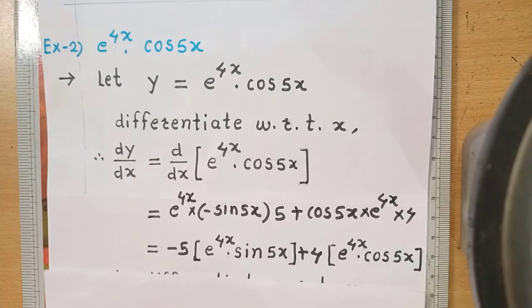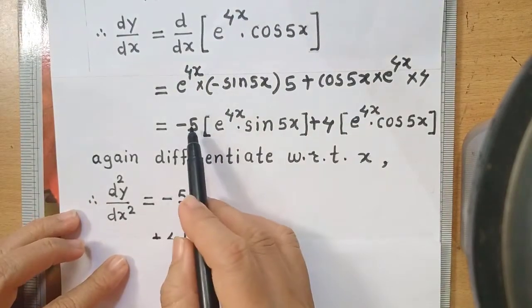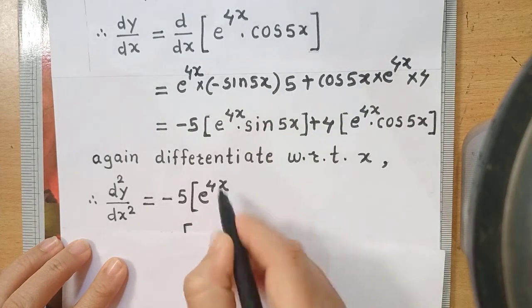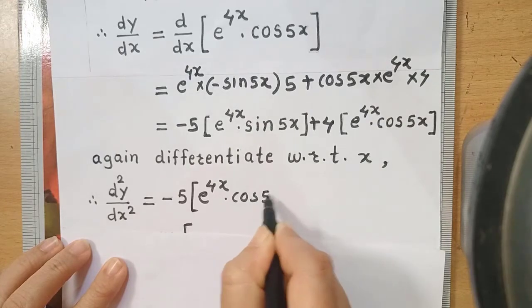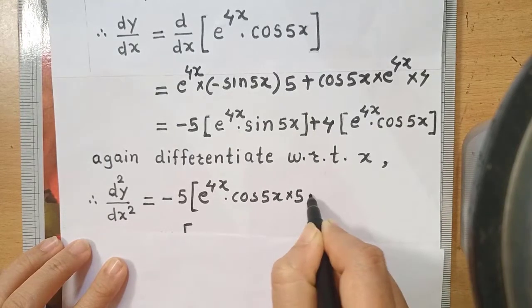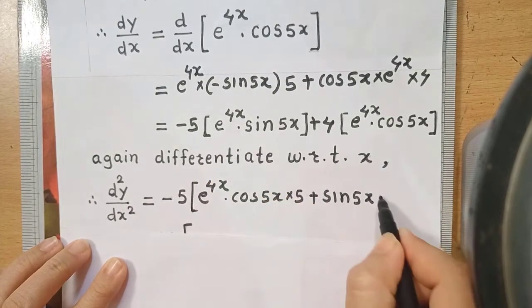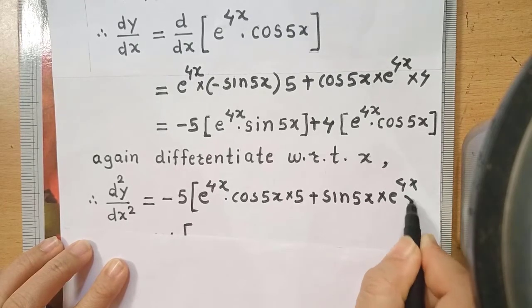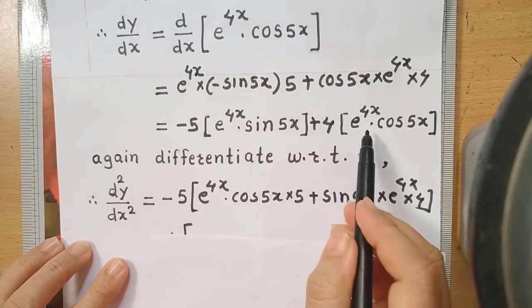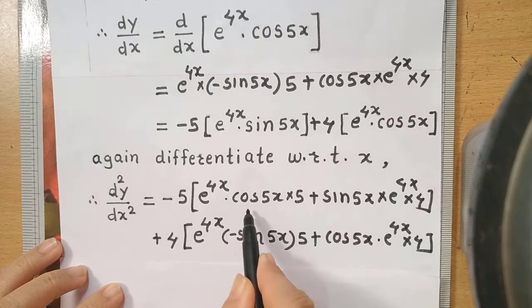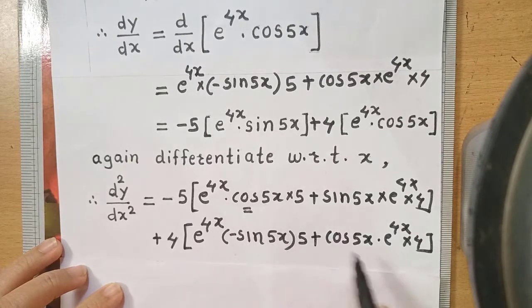So d square y by dx square is equal to minus 5 times: first term as it is, derivative of sine is cos of 5x and again multiply by 5, plus second term as it is, and derivative of the first term is e raised to 4x multiplied by 4. Again we will use the product rule here also, so plus 4 e raised to 4x cos 5x.